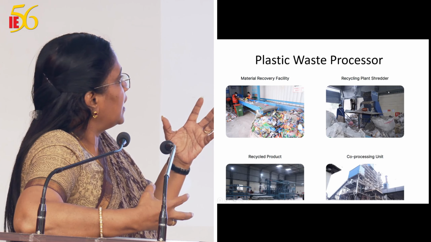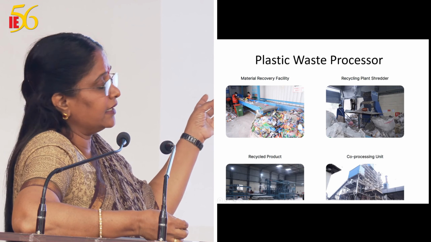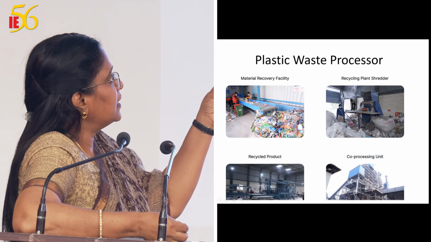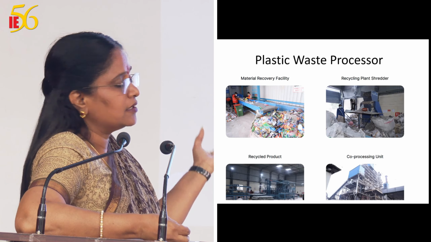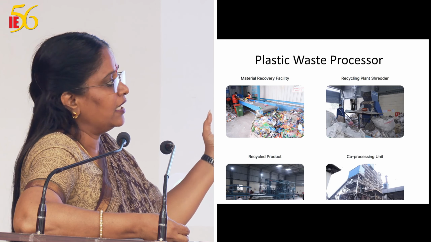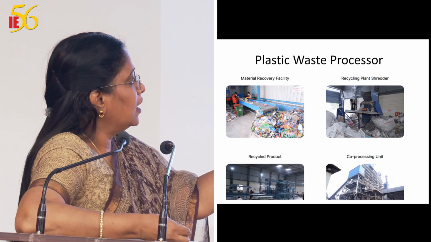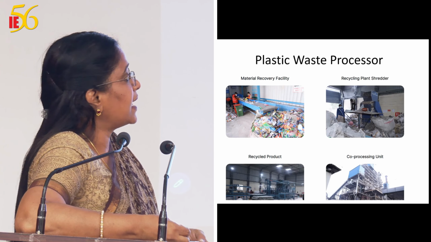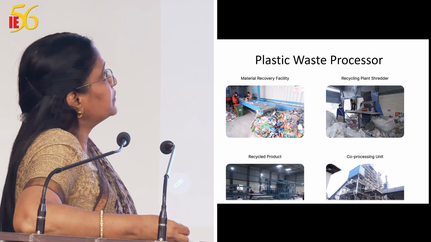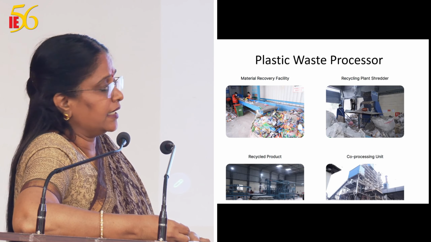People who are just collecting the waste and segregating it are also processors. Recyclers, and there are lots of other plastic-to-oil processors. Co-processing in cement mills is also a big wave happening in India. So all of them should be registered, right?